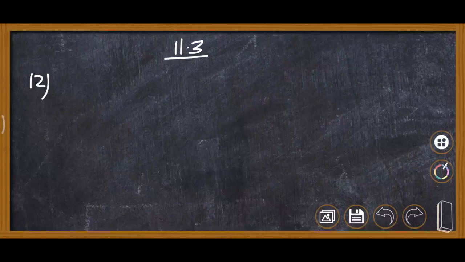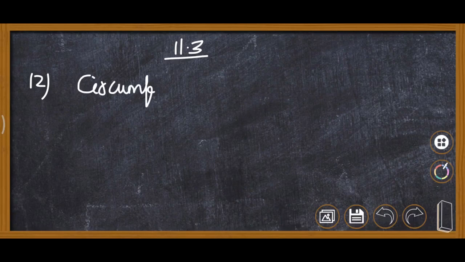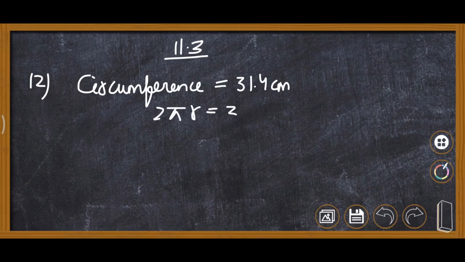Now this is question number 12. The circumference of the circle is 31.4 centimeter. So first of all we will write circumference. This is equal to 31.4 centimeter. Here you know that formula is 2 pi r, and the value of pi it is given 3.14.